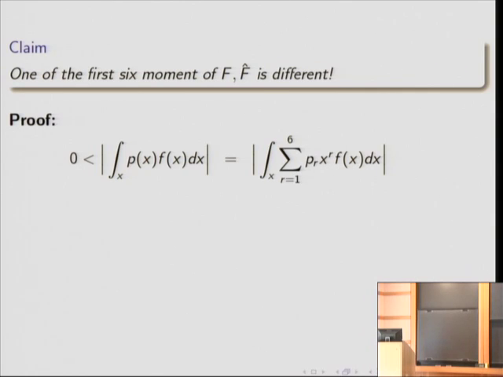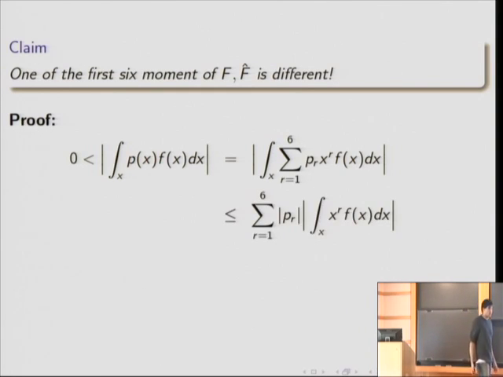We know its degree is at most 6, so we're just going to write it out based on what its coefficients are for the first 6 powers of x. And we can then apply the triangle inequality to each of these terms. But now consider this quantity right here. We have the integral of x to the r against f of x, where f of x is the difference between the 2 density functions. So this quantity is the difference between the rth raw moments of f and f hat respectively.